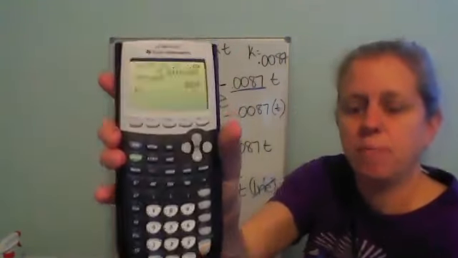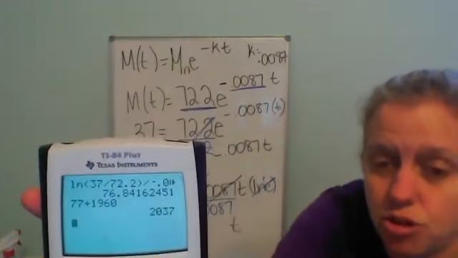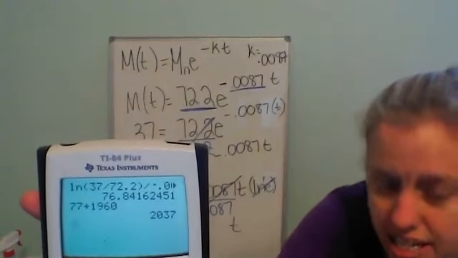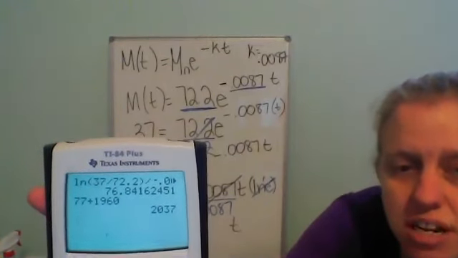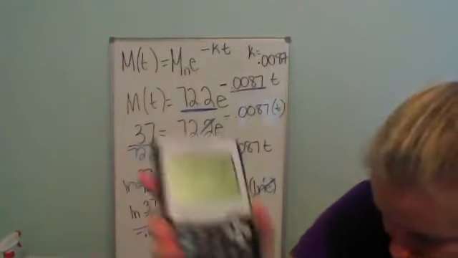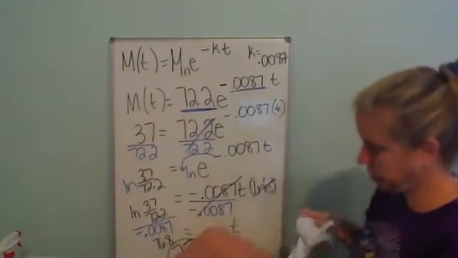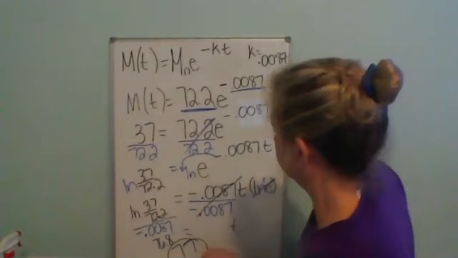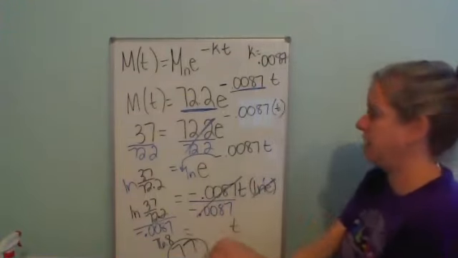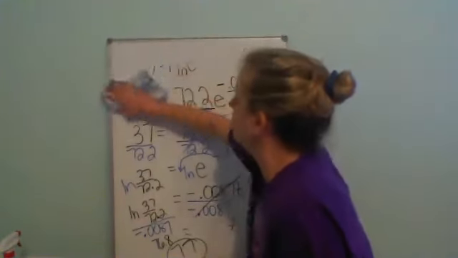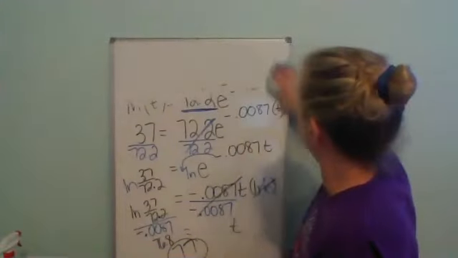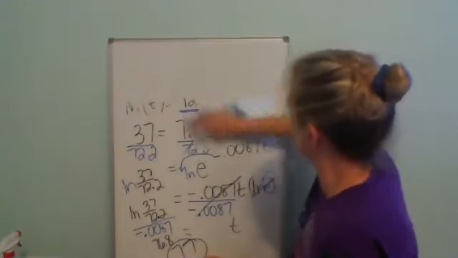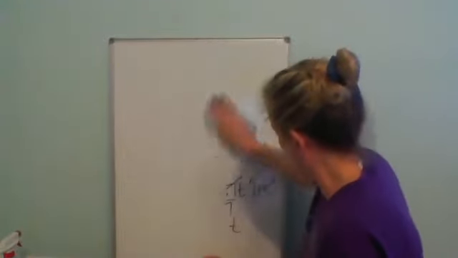If I add 77 to that first year, 1960, I'll get the year 2037. All right, I see y'all are frustrated on this. Hopefully seeing me work it out on the board like I would in class will help y'all more on these types of problems.